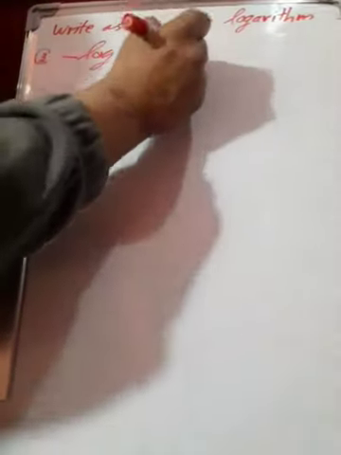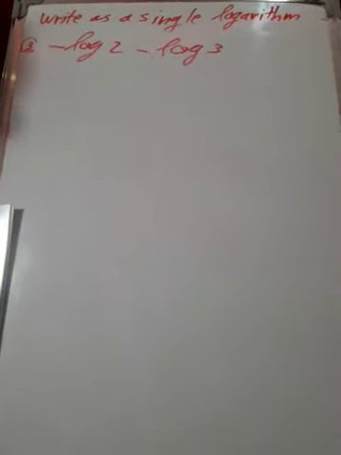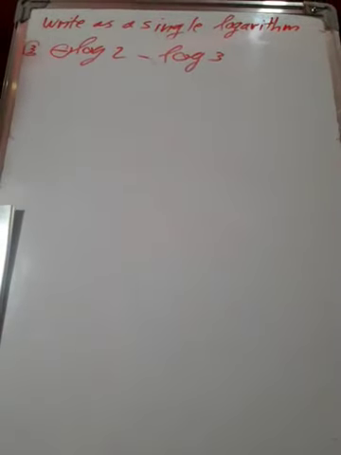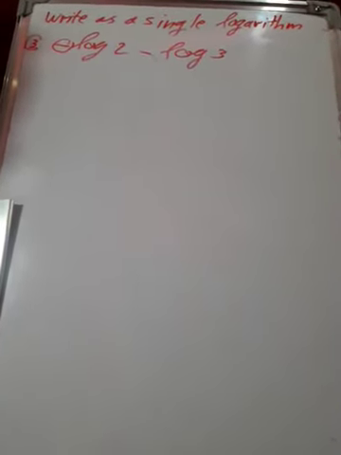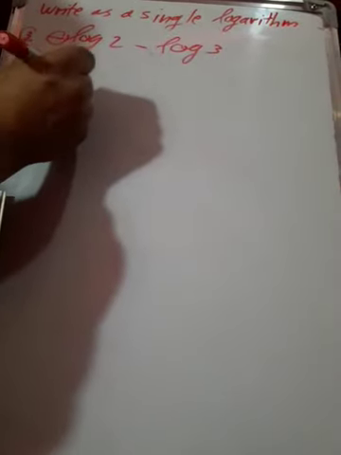Okay. Now, minus logarithm 2 minus logarithm 3. Here, I will solve it by two methods. First, I will enter this sign. This negative sign means minus 1 times logarithm 2. So I can put it as logarithm 2 to the power minus 1.